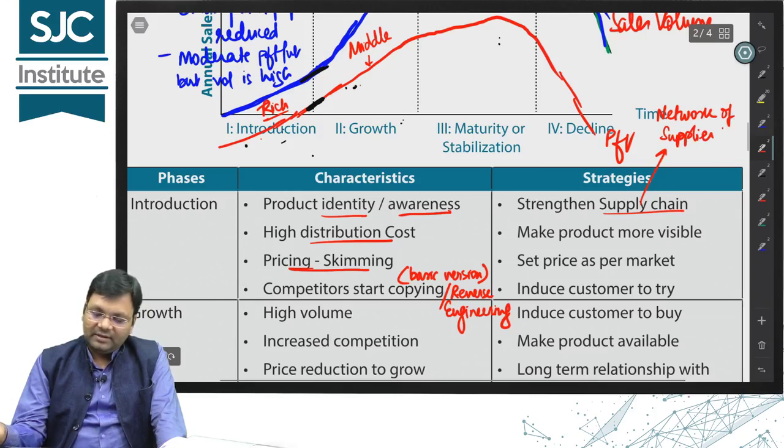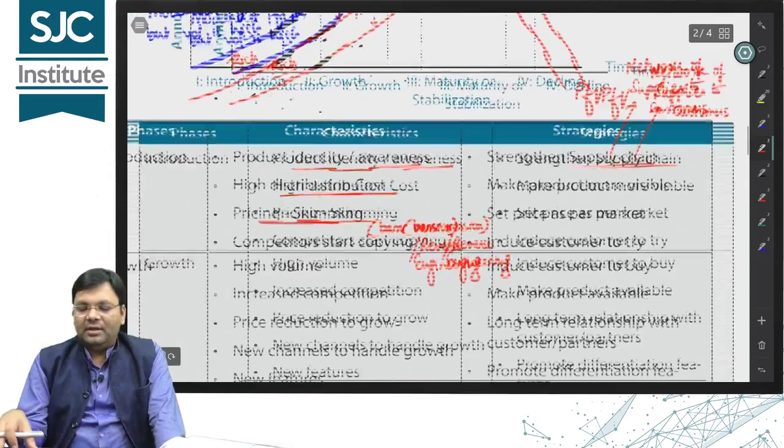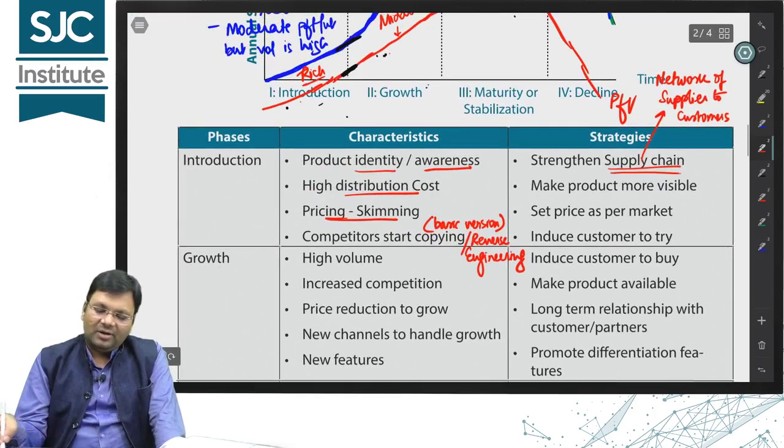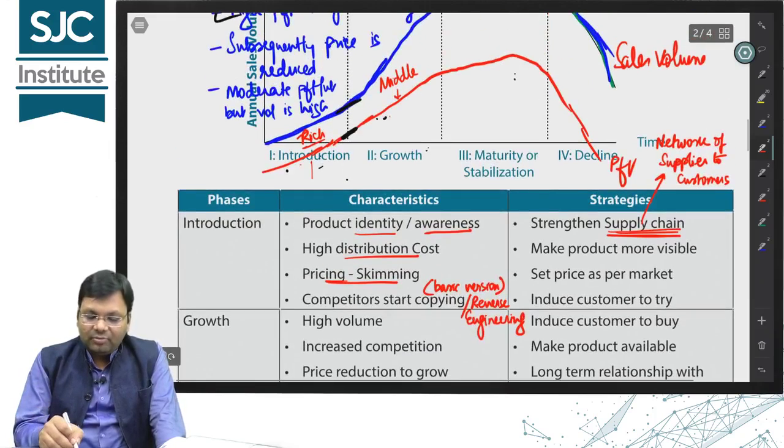Right from your suppliers to all your connecting companies to customers, including your dealers, distributors, everyone, or your logistic partners, all the companies with whom you are dealing in order to exist in the ecosystem, it's called a supply chain. So you should strengthen the supply chain when you have launched your new product.